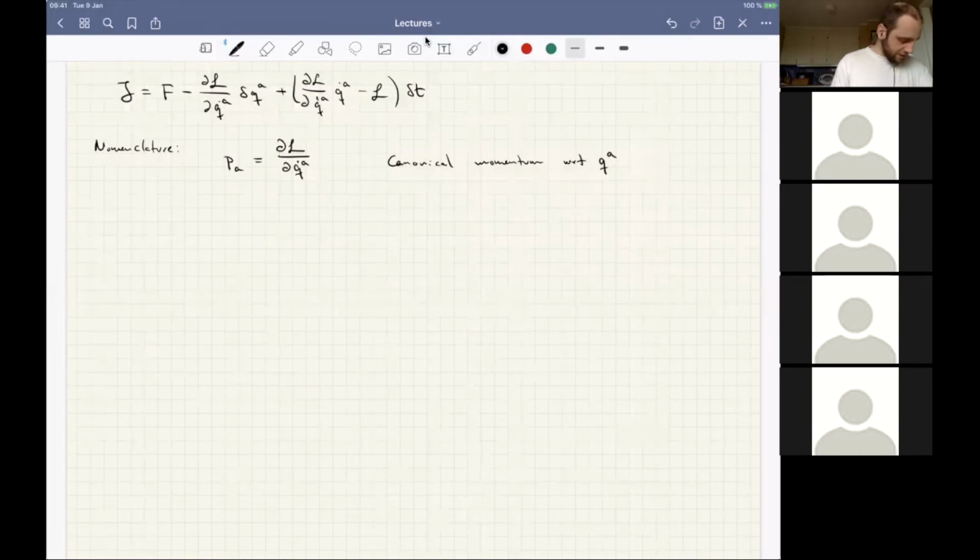And I'm also going to introduce what's going to be called H, which is p_A q̇_A minus the Lagrangian, and this is called the Hamiltonian of the system.